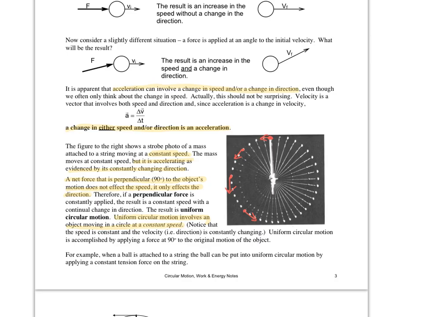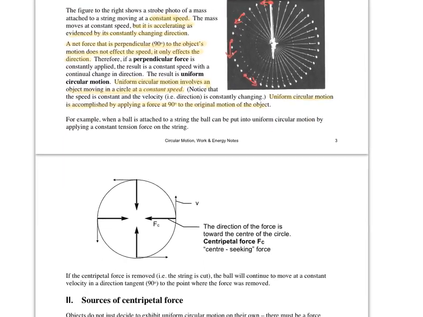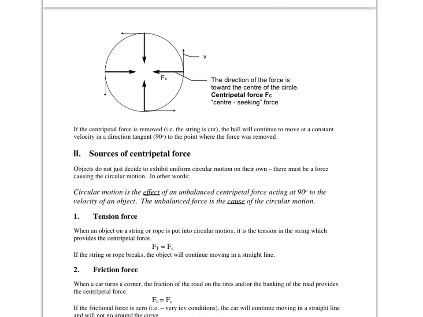Uniform circular motion is accomplished by applying a force at 90 degrees to the original motion of the object. If a ball is attached to a string, the ball can be put into uniform circular motion by applying a constant tension force on the string. So we see that here.